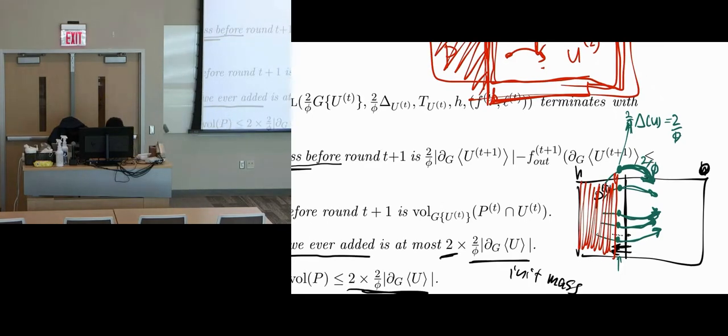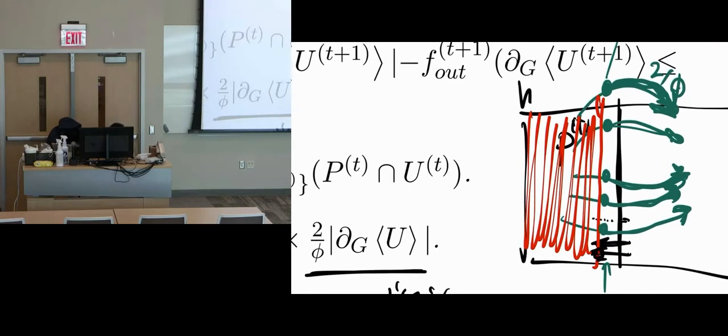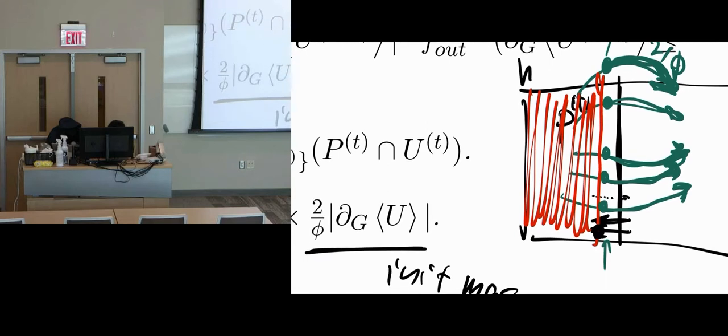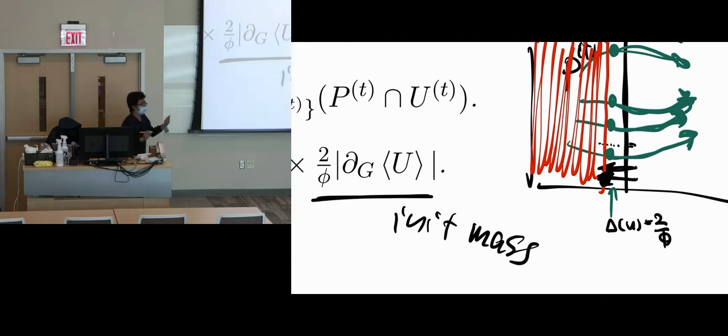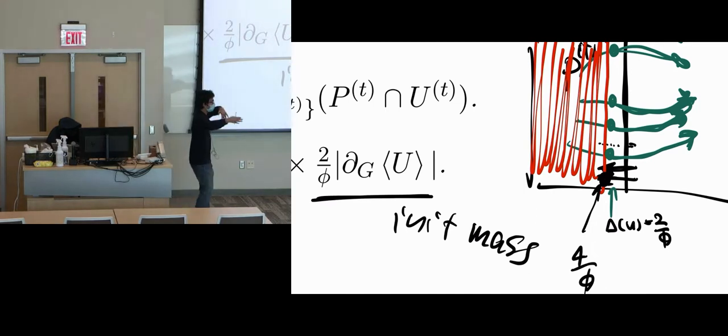But for this guy, we still set the source of this guy to be 2 over 5. But the amount of mass out of this guy actually is negative. It actually goes into it, so the total mass that we add into this thing can be 4 over 5. So first of all it cancels the thing that comes in, and it should push back.